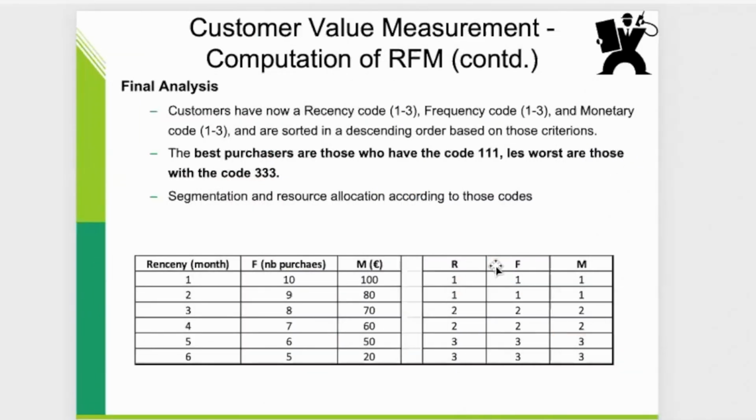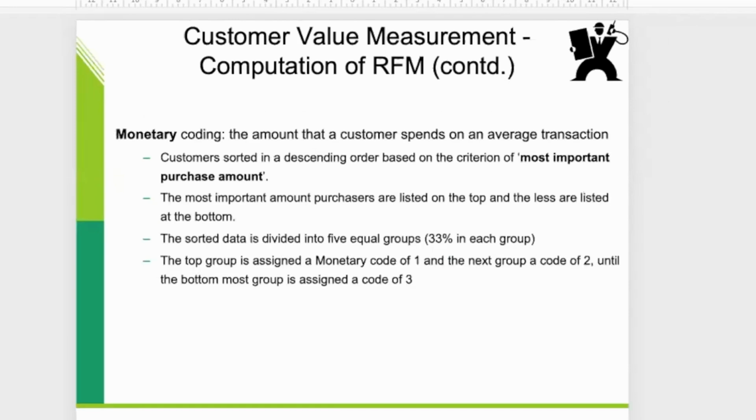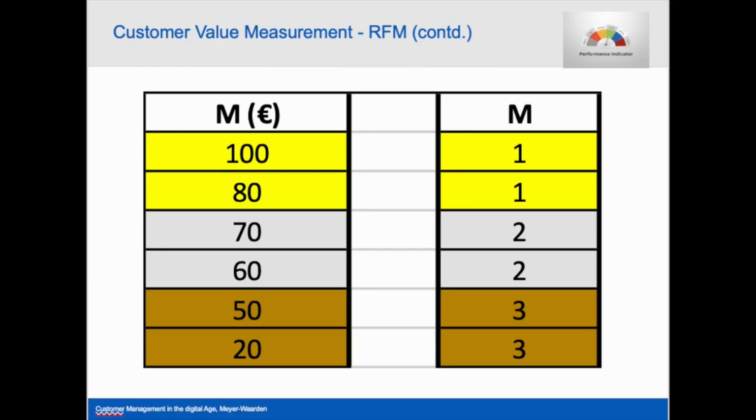Okay, now I have 2 new variables, recency and frequency, based on a score between 1 and 3. And finally, I do the same thing for the monetary amount, that is the money that the customers have spent on each transaction. Again, I sort in descending order, so I have the largest purchase amounts in the upper part of the database and the smallest amounts in the bottom part.